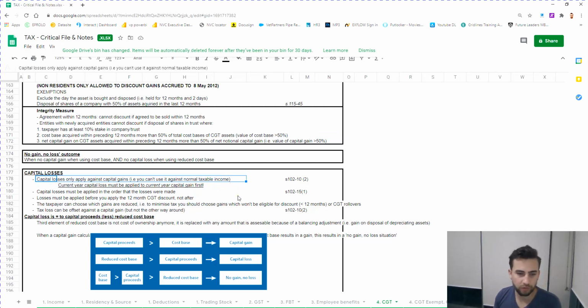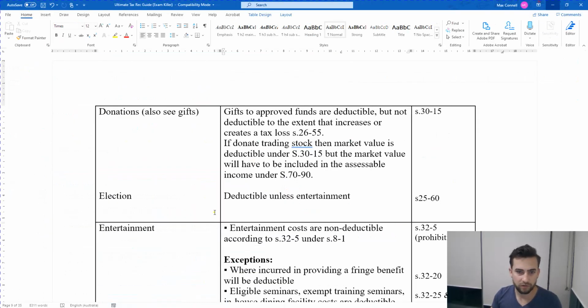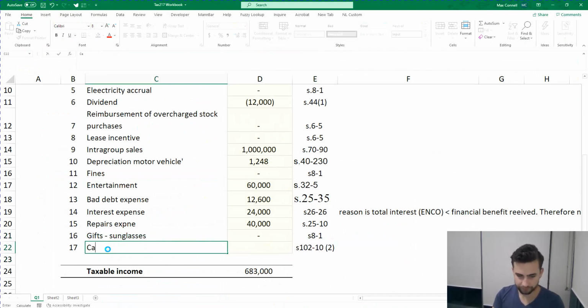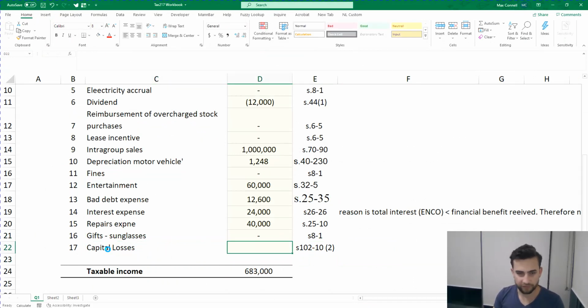You can't apply a capital loss against your normal, ordinary taxable income. And because this company doesn't have any capital gains, we can't actually use those capital losses in the tax return, which means under section 102-10, we can't actually claim this as a deduction. So we're going to have to add back the $33,000 that they mentioned. Okay.